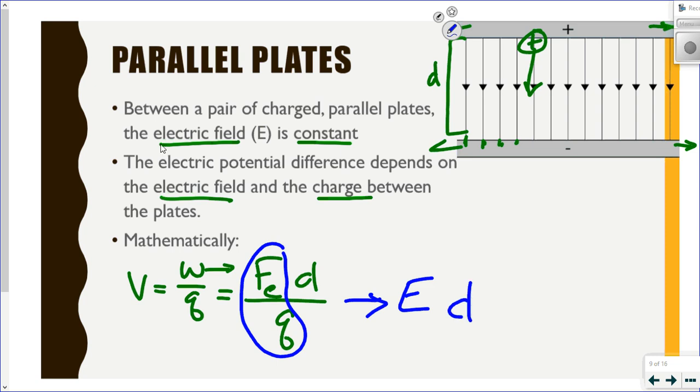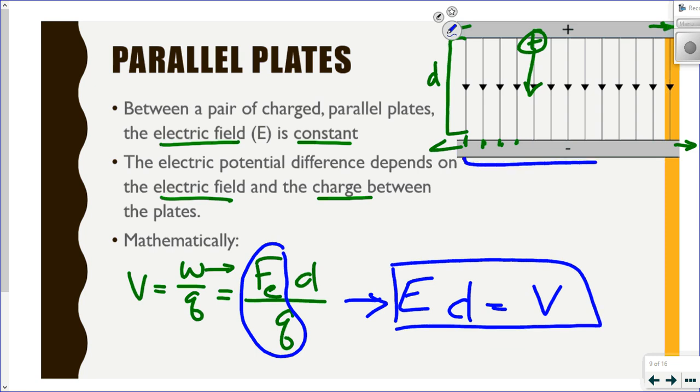So I come up with that. Or I can see that if I want to solve for electric potential difference in terms of the electric field, I can simply do the electric field between two plates multiplied by the distance between those two plates. And I'll be able to arrive at my electric potential within those two plates.